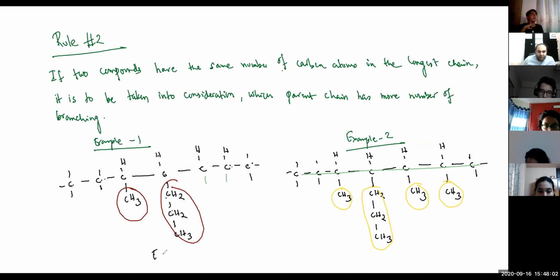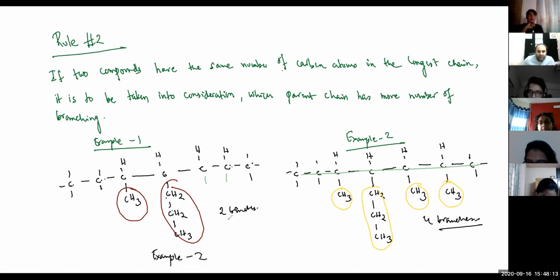Example 2. This has 2 branches. This has 4 branches. So if 2 compounds have the same number of carbon atoms in the longest chain, it is to be taken into consideration which parent chain has more branching.